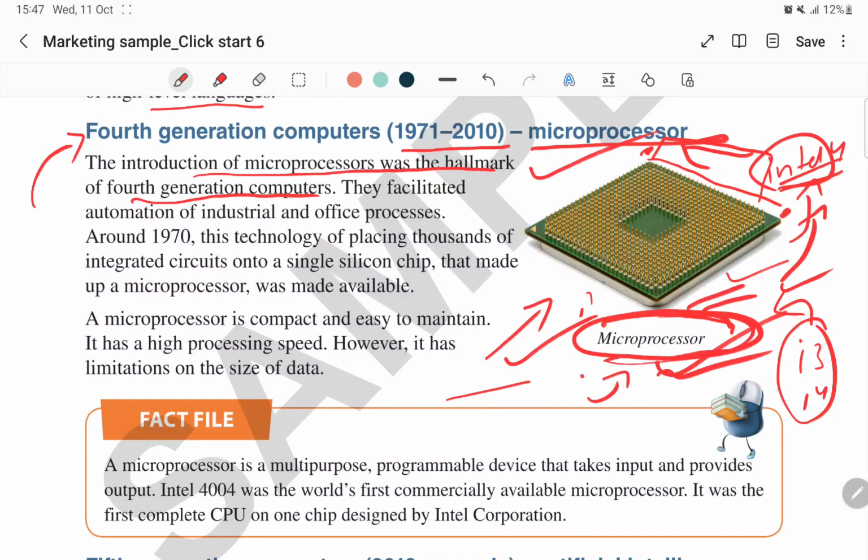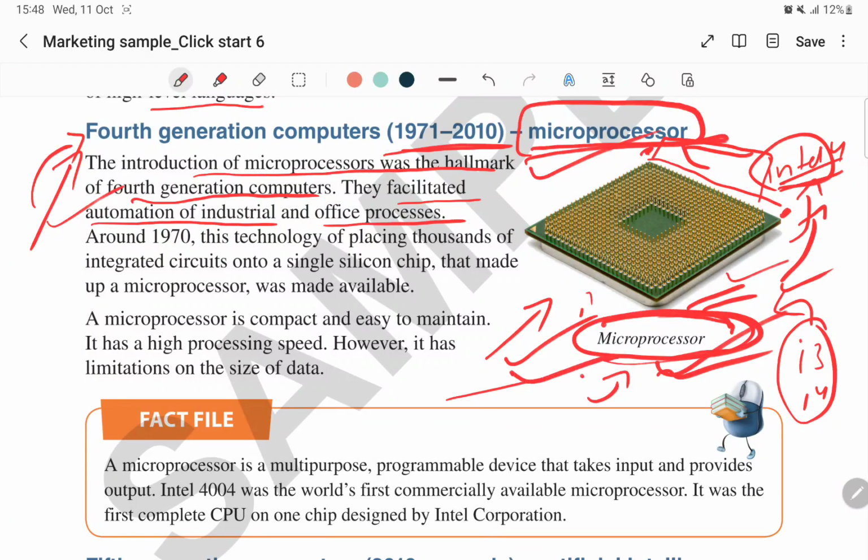So this is the microprocessor, invented during the 1971 to 2010 time period. The introduction of microprocessors was the hallmark of 4th generation computers. So 4th generation computers are known for microprocessors only. They helped with the automation of industrial and office purposes.